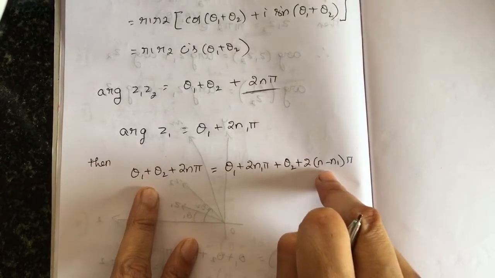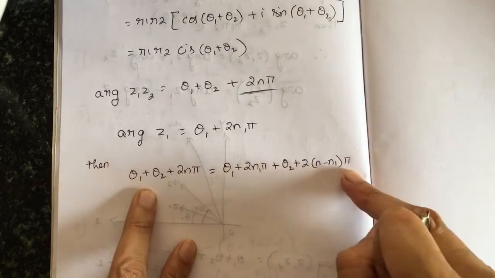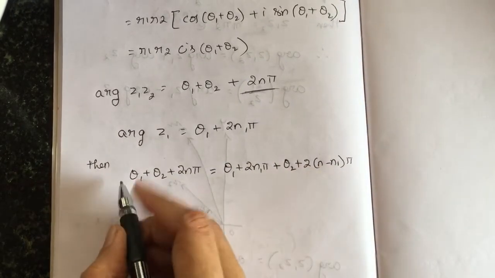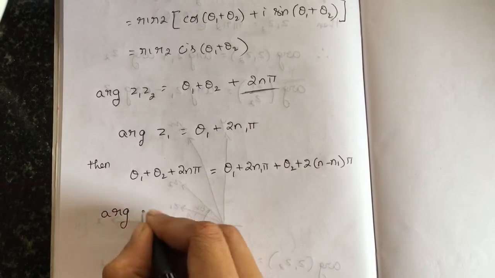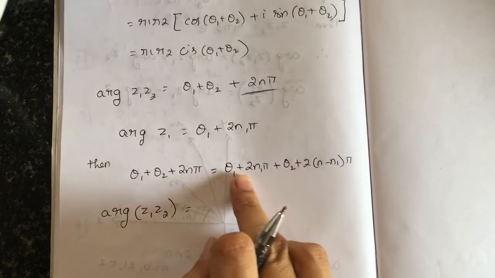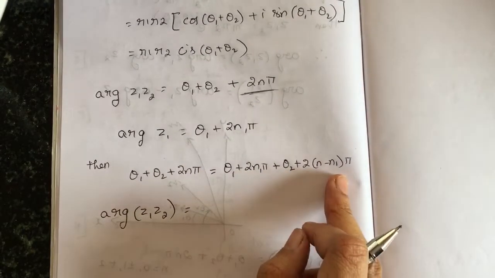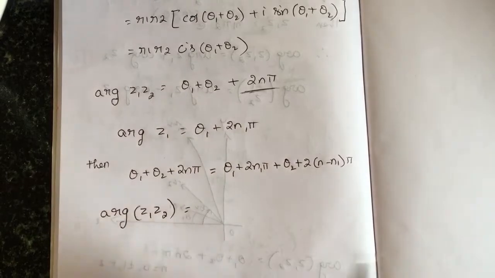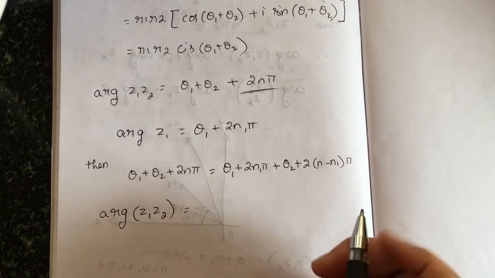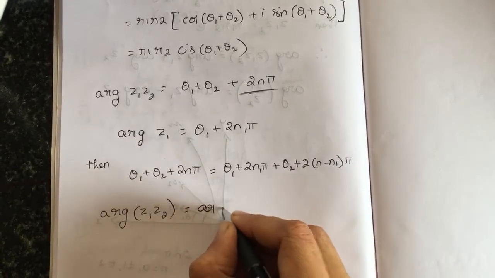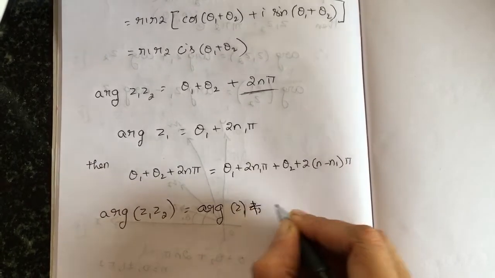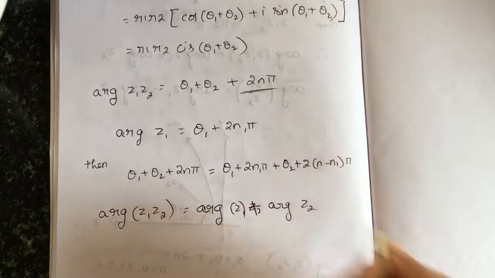So I'm removing 2 n1 pi. Okay, so this is what happens when you are taking argument of z1 z2, which is nothing but argument of z1 plus argument of z2. If you are writing argument values, we are writing depending on the rotation, so we are adding 2n pi for that, but it's simply argument of z1 plus argument of z2.